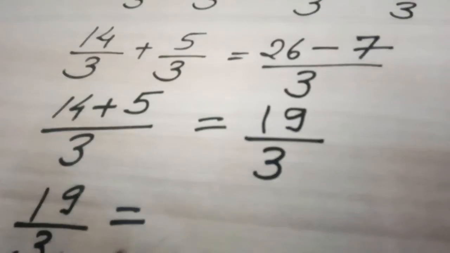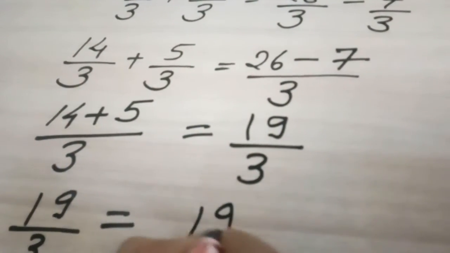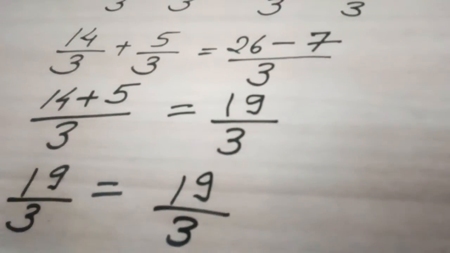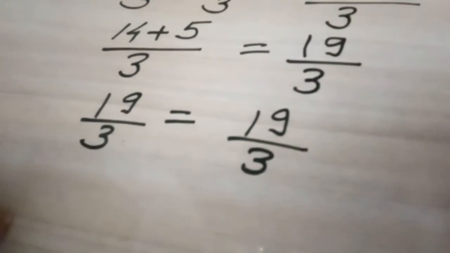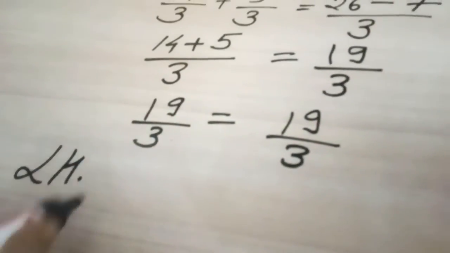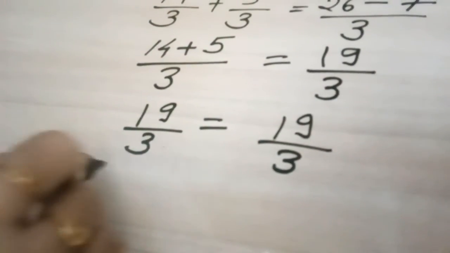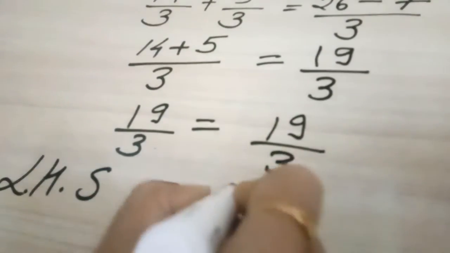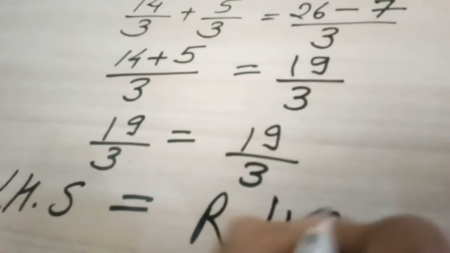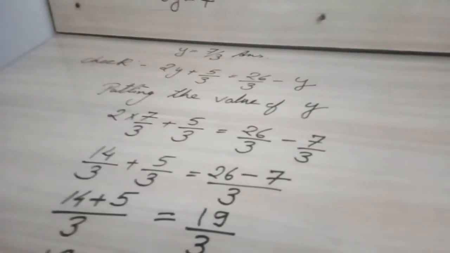So it is 19 upon 3, 19 upon 3, so we will write here LHS is equal to RHS. Clear to everyone? See nicely the whole question.